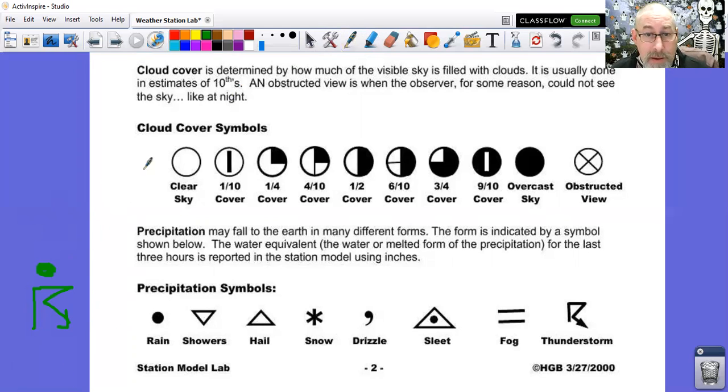And if you're lucky, and some of you will actually see this, especially if you move up north. I saw it a lot growing up in Portland, Oregon, on the west coast, up north of California. Sometimes there's also thunderstorm with snow. Pretty cool, huh? So we can use these to give more details.